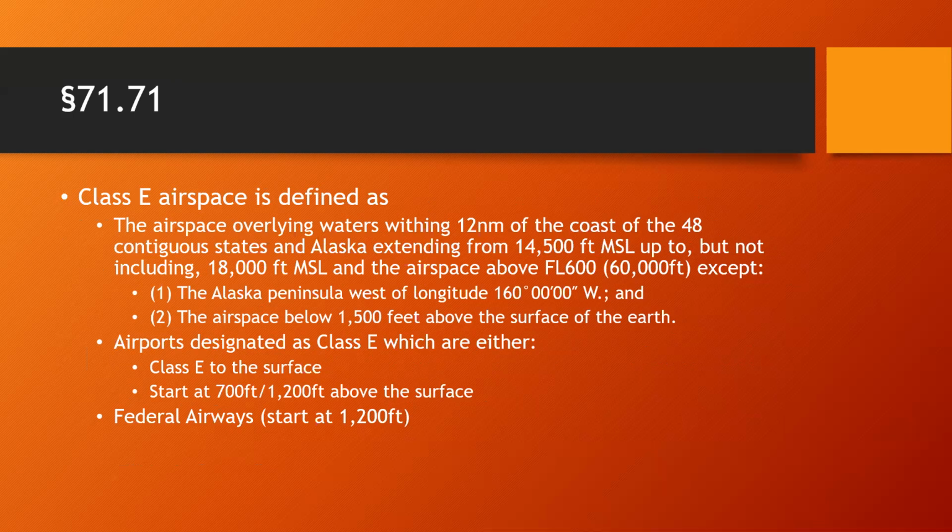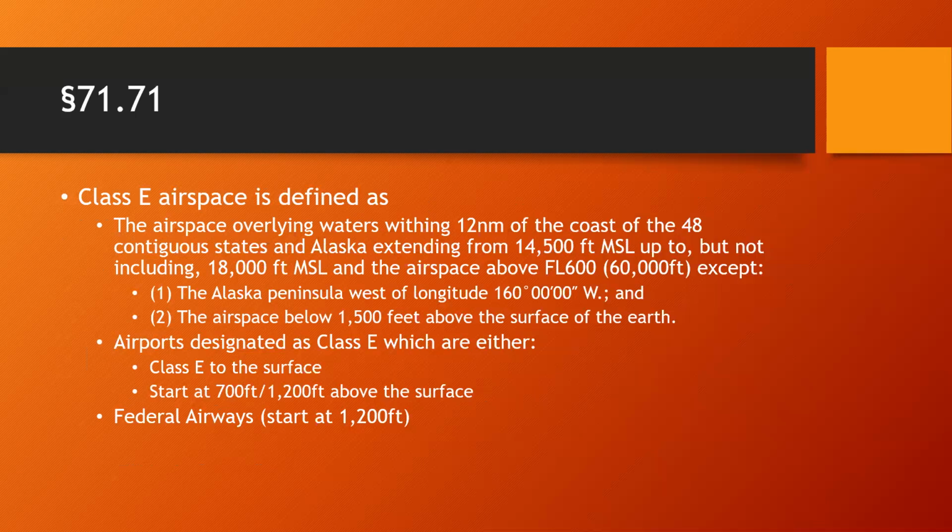Class Echo airspace is defined as the airspace overlying waters within 12 nautical miles of the coast of the 48 contiguous United States and Alaska, extending from 14,500 feet mean sea level up to, but not including, 18,000 feet mean sea level, and the airspace above flight level 600 or 60,000 feet, except the Alaska Peninsula west of longitude 160 degrees, and the airspace below 1,500 feet above the Earth's surface.